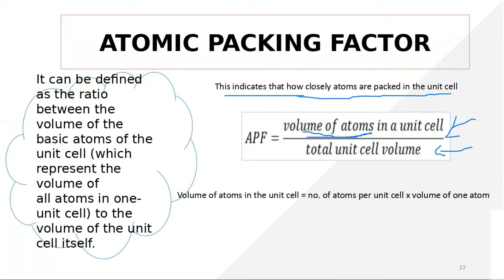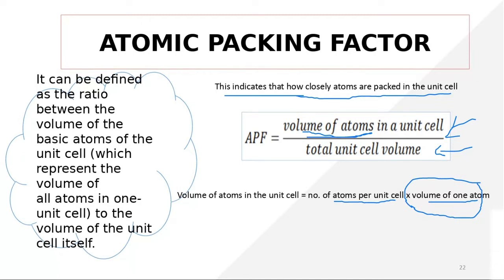We calculate the volume of one atom and multiply it by the number of atoms. For a simple cubic crystal, there is only one atom, so we calculate the volume of one atom and multiply by 1, which gives the volume of atoms in the simple cubic crystal.